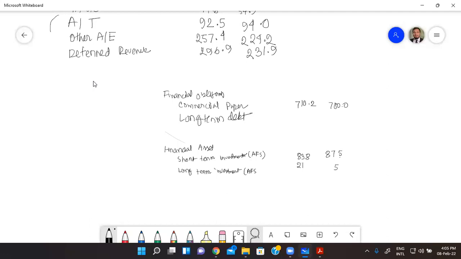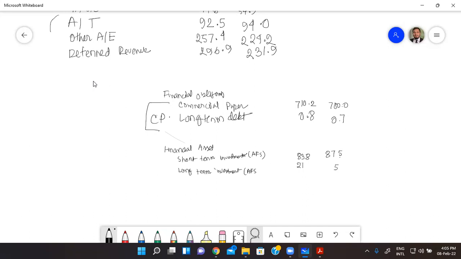I mean the current portion of the long-term debt. How much is it? If we write in million, it should be 0.775, so 0.8. And in 2006, we can write 0.7. Okay. So we have written these two in the financial obligations.